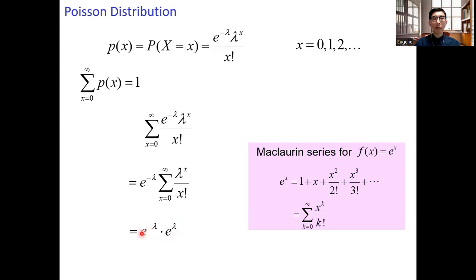And multiply this with e to the power minus lambda, you get 1. So we verify that the sum of the Poisson PMF from x equals 0 to infinity is 1.